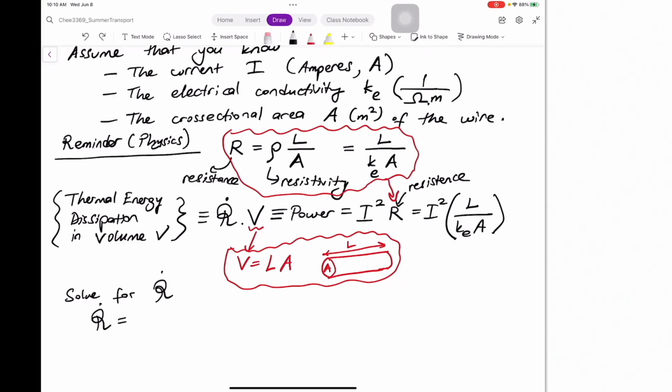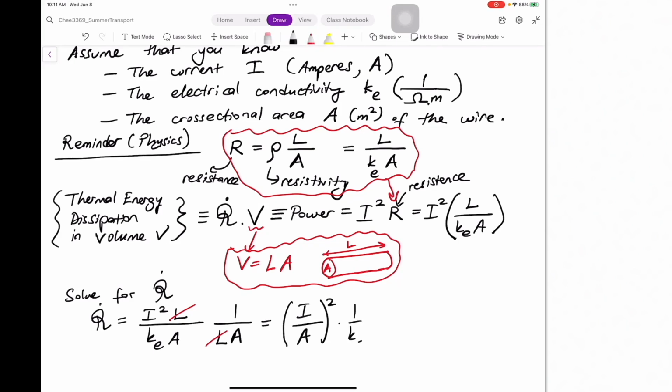Okay, so it's basically I squared L over kappa_e A, times 1 over volume, but volume is length times area. And then after some simplifications, you get the following: I over A squared times 1 over kappa_e.